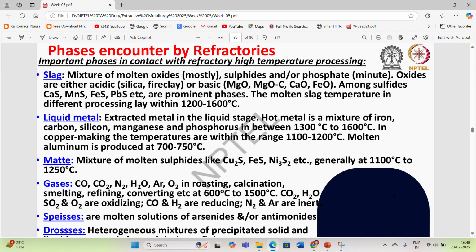While in case of pig iron formation, we require a temperature of around 1500 to 1600 degrees Celsius. So based on these things, we have to decide our refractory material.